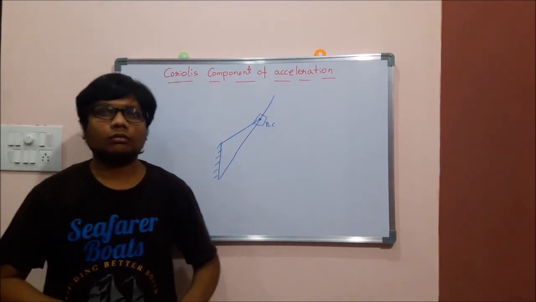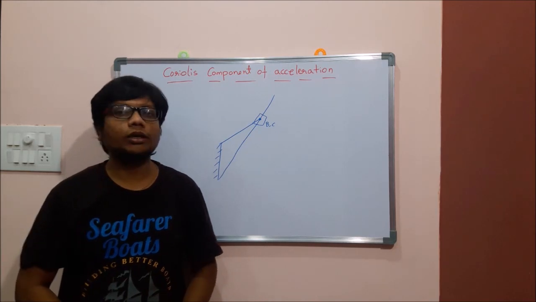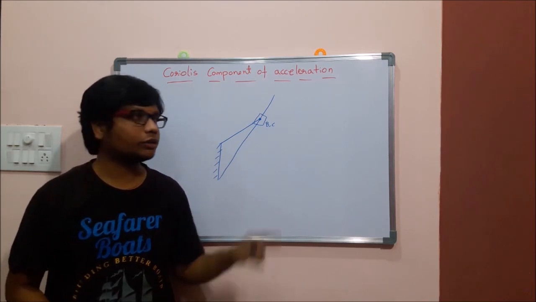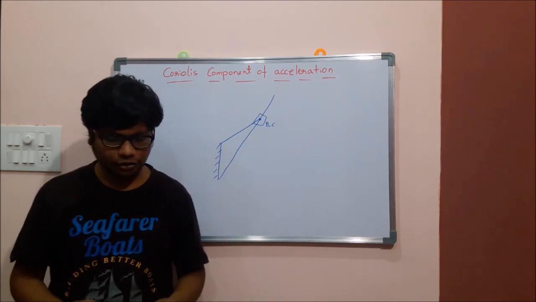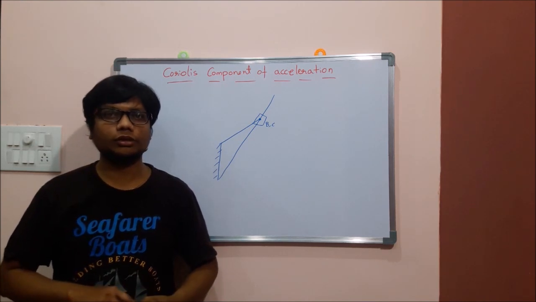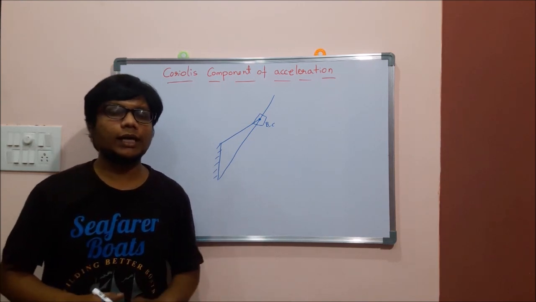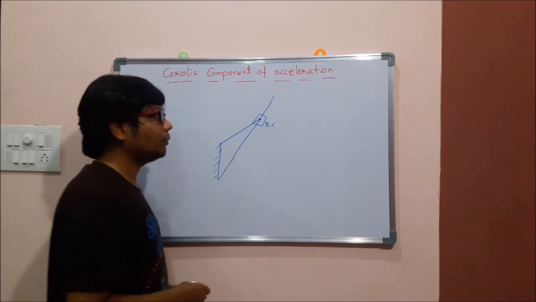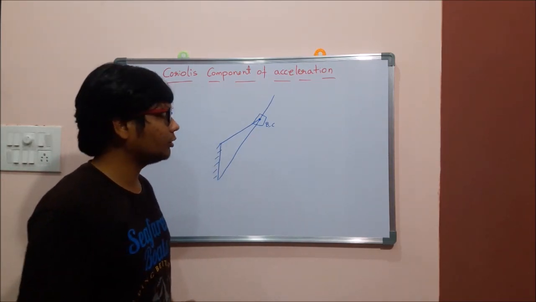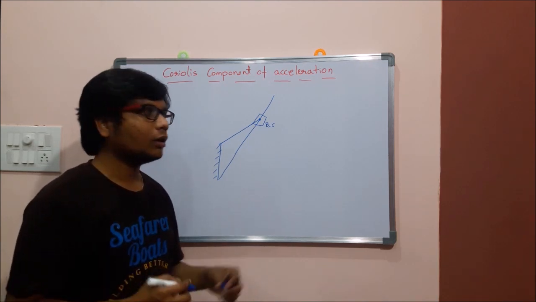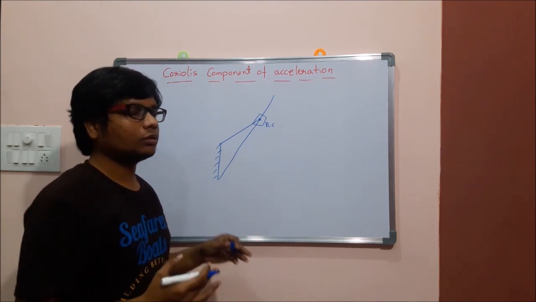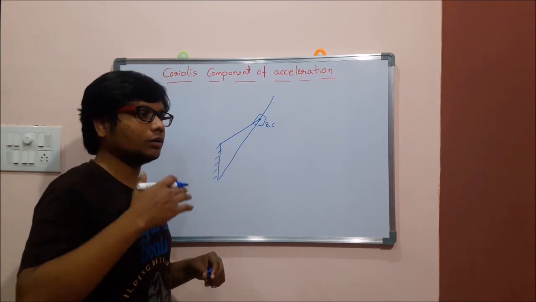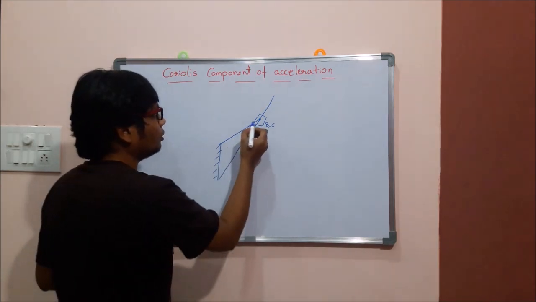Okay, before deriving the equation, here I would like to give the direction. I forgot to give the direction for the tangential component of the acceleration. So what direction does the tangential component take? Whatever path the B or C point follows during the rotation, the component should be tangential to that path.